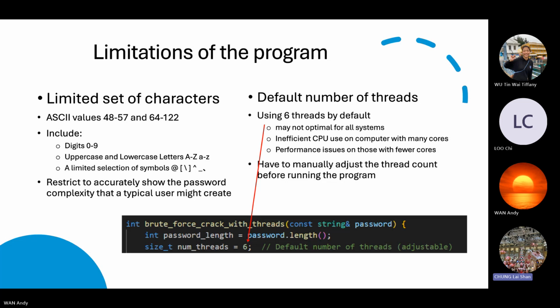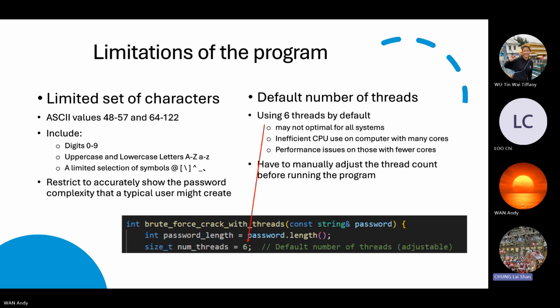But in modern security practice, users are encouraged to utilize a wide range of characters, including a comprehensive selection of symbols. So this limitation may restrict the program's ability to accurately reflect the password complexity that a typical user may create.